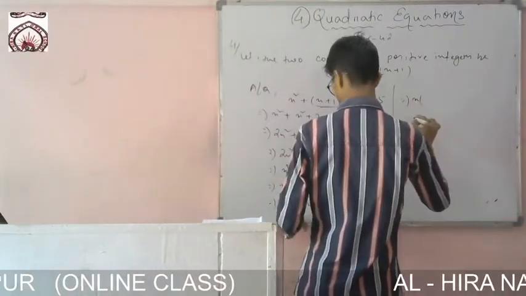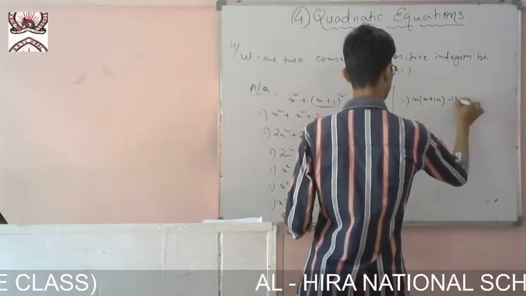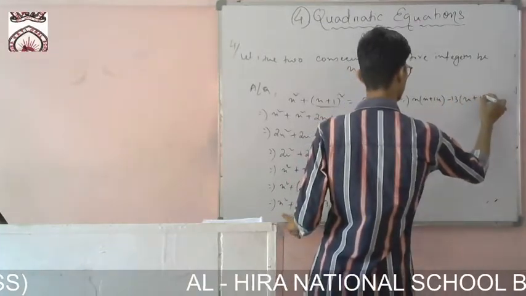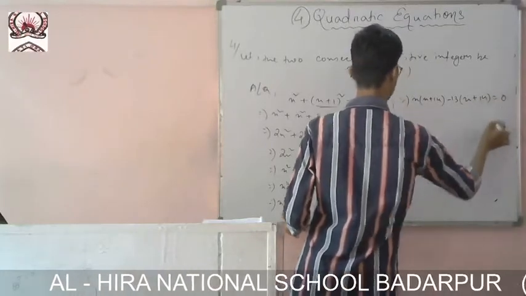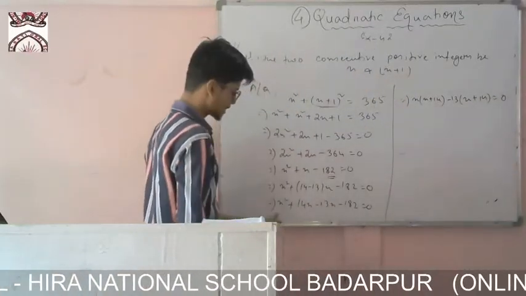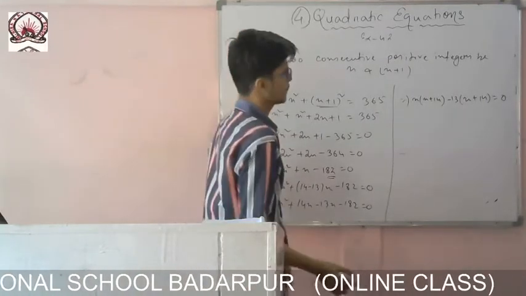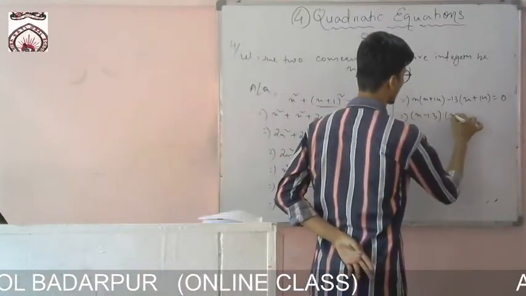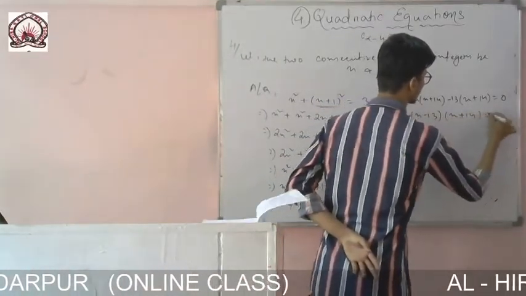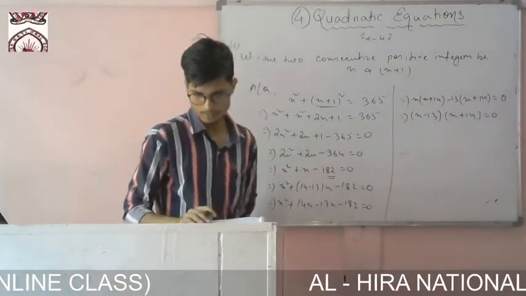If I take x common, it will be x plus 14, and if I take minus 13 common, then it is x plus 14. So x into x plus 14, minus 13 into x plus 14. So the answer is x minus 13 or x plus 14 equals 0.